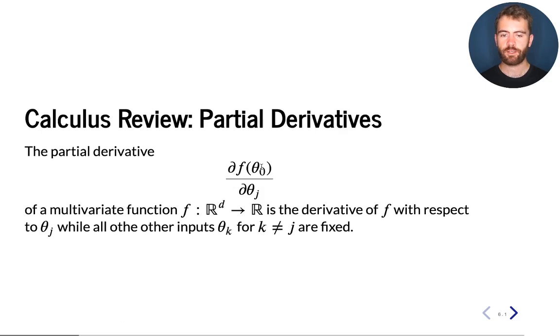The simple intuitive definition of a partial derivative is that it is simply the regular derivative of a multivariate function when all the inputs except the jth one are fixed to some arbitrary value specified here within theta 0.